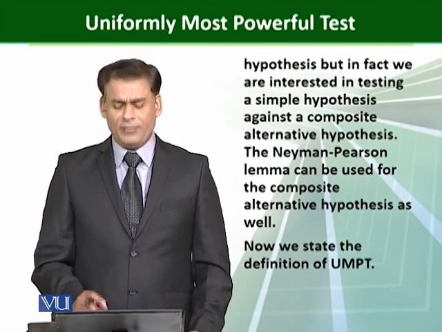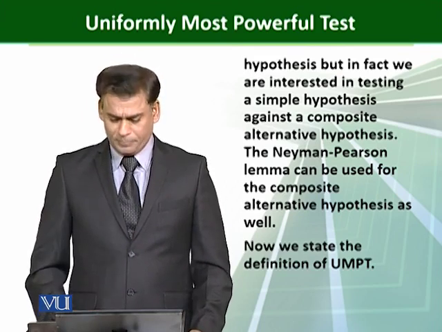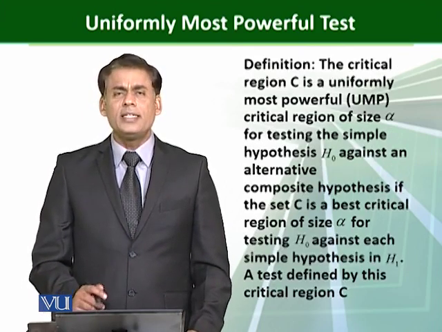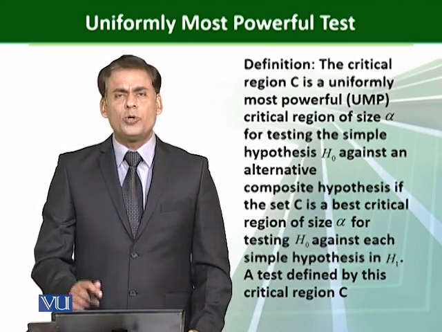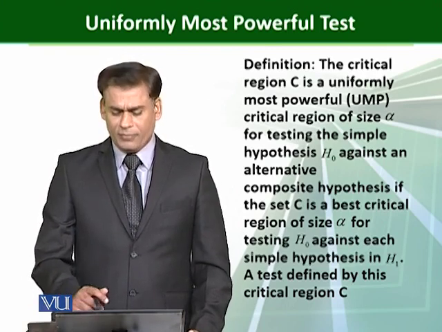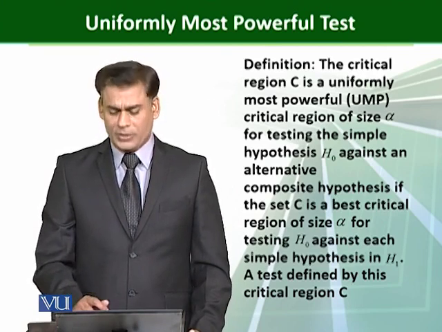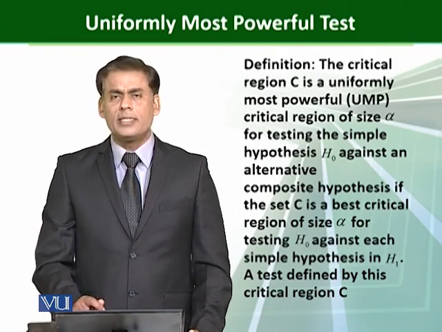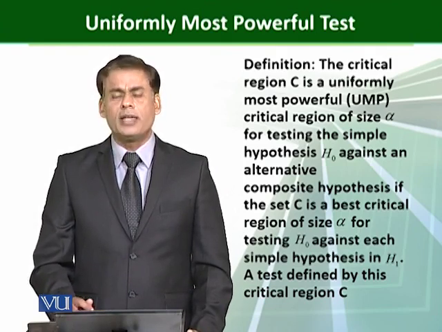Now we state the definition of the uniformly most powerful test. The definition is that the critical region C is the uniformly most powerful region of size alpha for testing the simple hypothesis against an alternative composite hypothesis if the set C is the best critical region of size alpha for testing H naught against each simple hypothesis in H1.